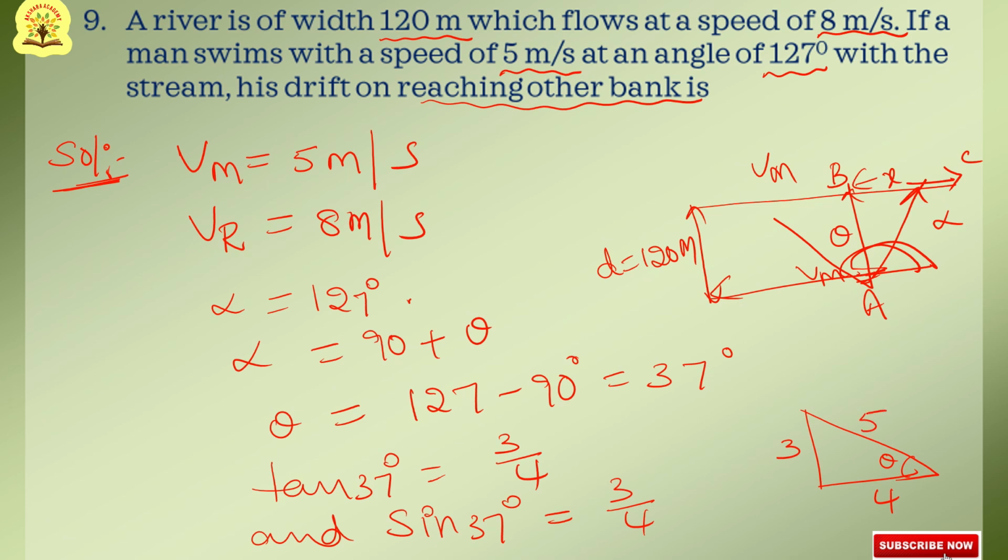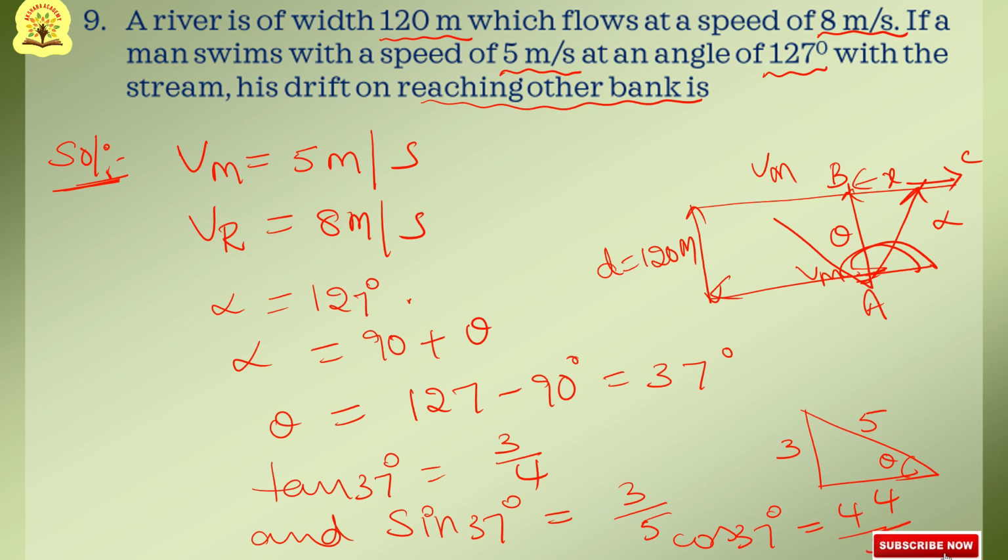So sin 37 degrees is equal to 3 by 5. Similarly, cos 37 degrees is equal to 4 by 5.